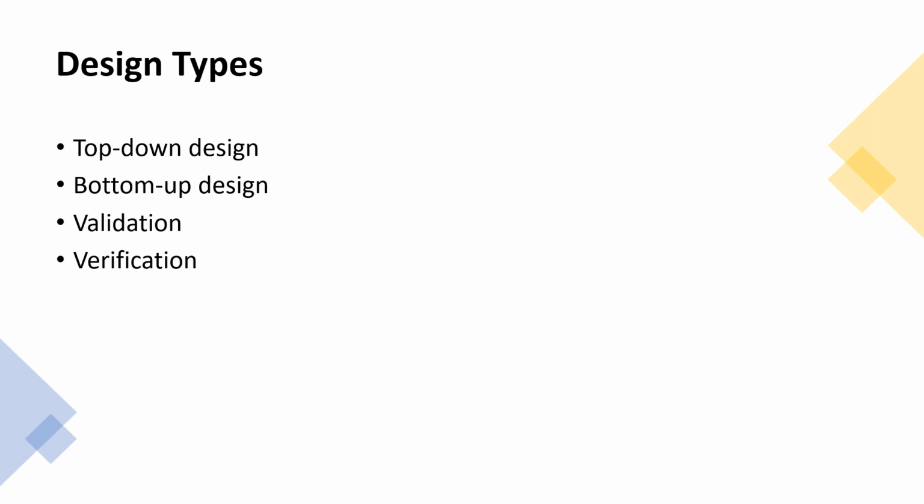Bottom-up design starts with the design of individual modules at the bottom, the specific components that will make up the system, which we call modules, and then going up to the overall module, designing the overall system, which will be composed of the various modules.